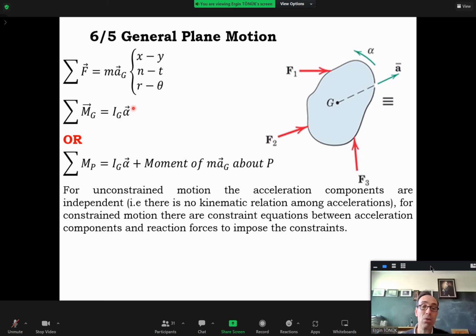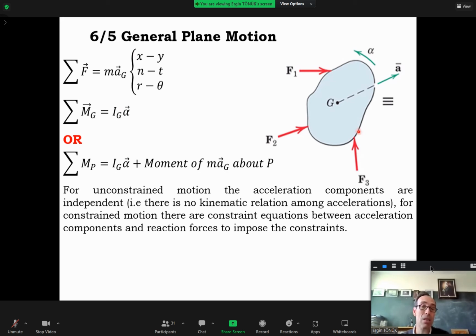But if you have a constrained motion, then there would be one or two kinematic relations between the two components of these and the angular acceleration. And also, if you have constrained motion, there will be reaction forces because of the constraints to force the body to behave like this. So we have to be careful whether the motion is constrained or unconstrained.